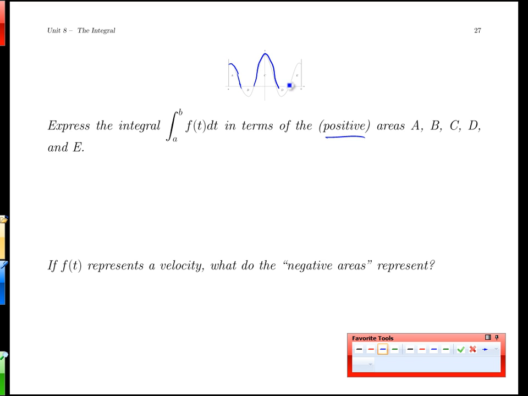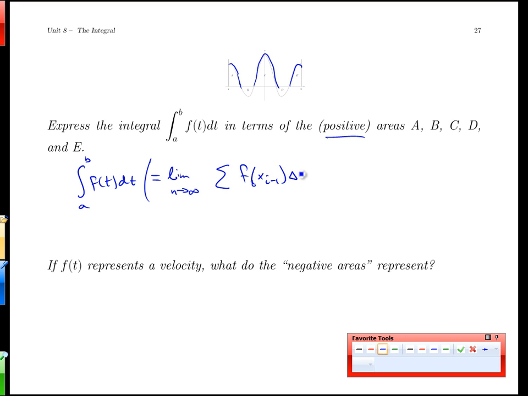The A, C, and E, the integral from a to b of f of t dt. Let's try to do this in detail. That is, by definition, the limit, as the number of intervals goes to infinity, of the sum of f of x sub i minus 1.